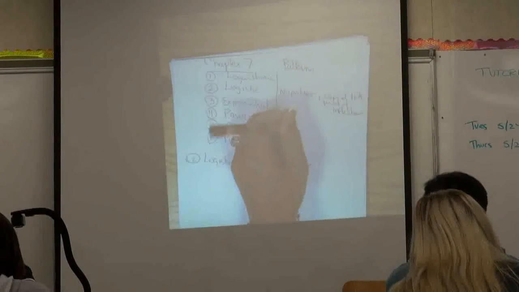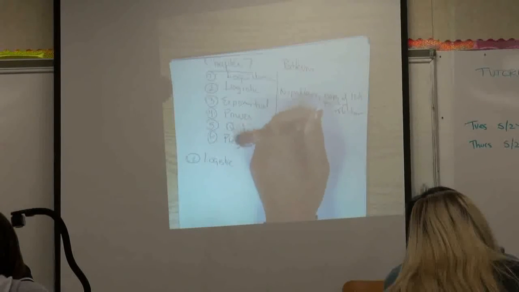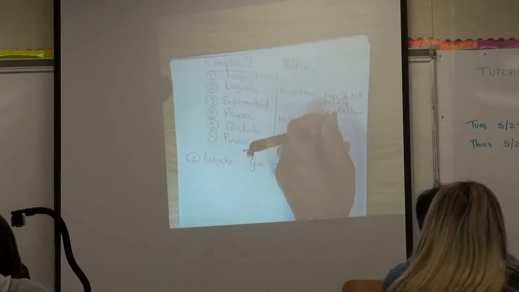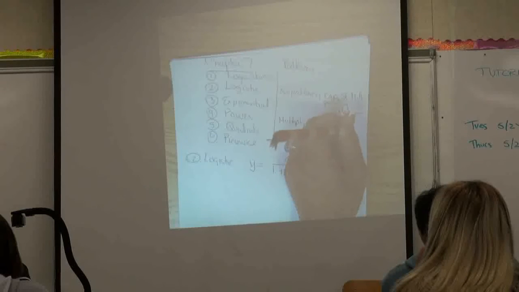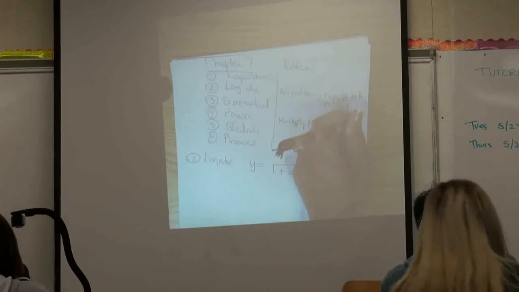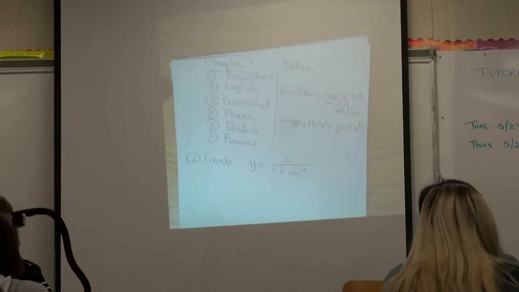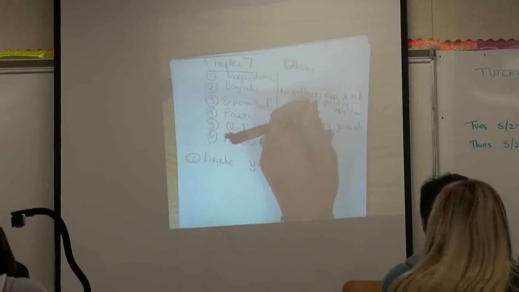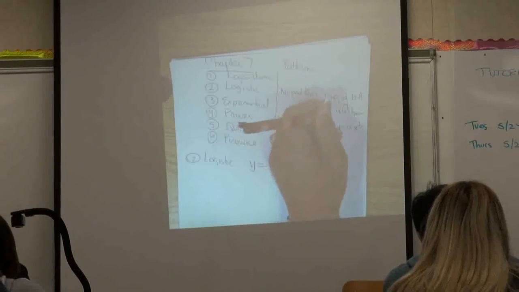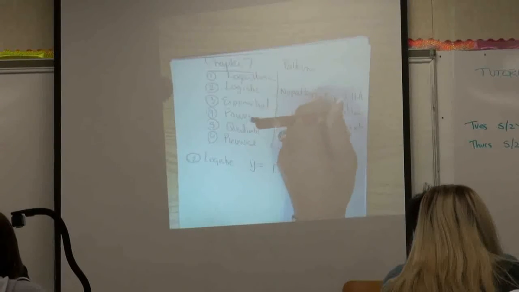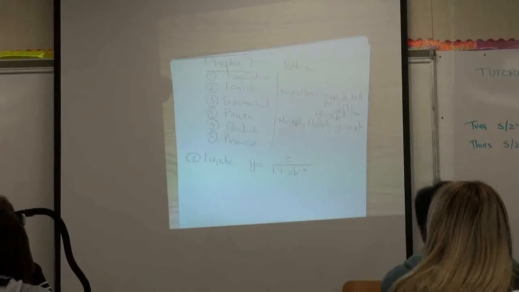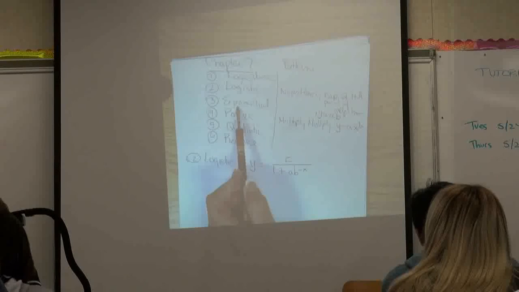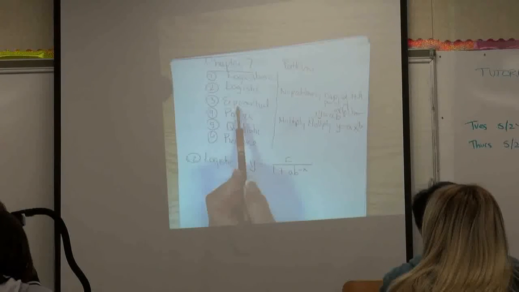Power was multiply, multiply. What was its equation? y equals a x to the b. Not to be confused with exponential, which is y equals a b to the x. Did you remember that? Because x is in the exponent. That's a good one to remember, huh?